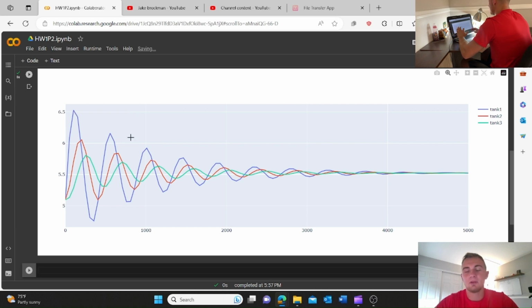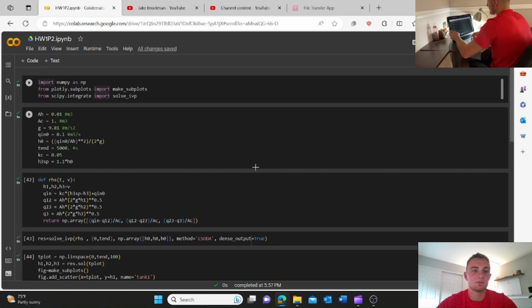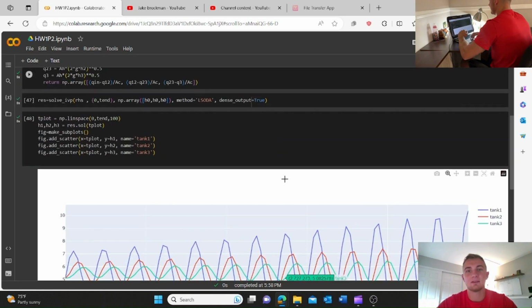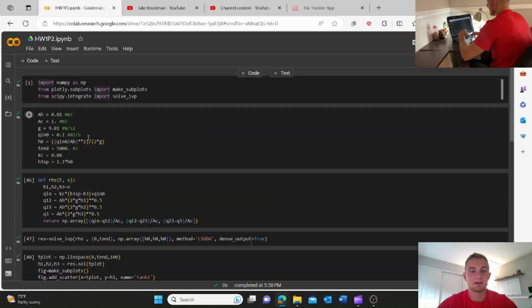So you kind of have to mess around and play with a proportional controller like this. Like if you have a tank that's 10 meters tall and you need it to get to around 5.6, then maybe we can do 0.08. And if you do this, then it starts overcorrecting and it gets way out of whack.